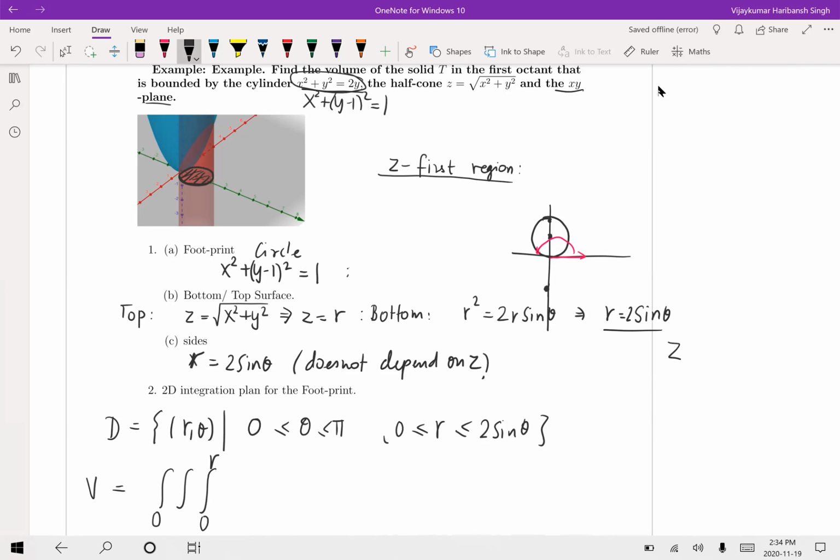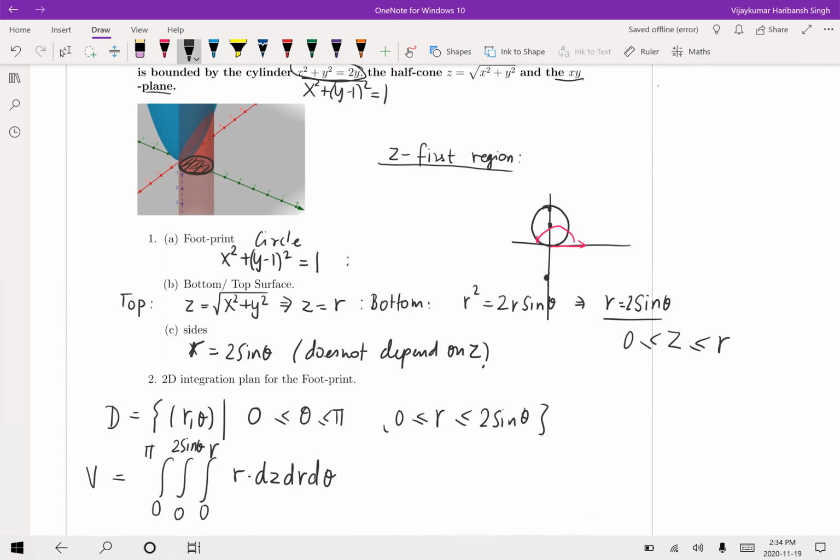So here, z is greater than 0, less than or equal to r, r goes from 0 to 2 sine theta, and theta goes from 0 to pi. Now we need to write down the volume element, which is dV, which is r dz dr d theta.